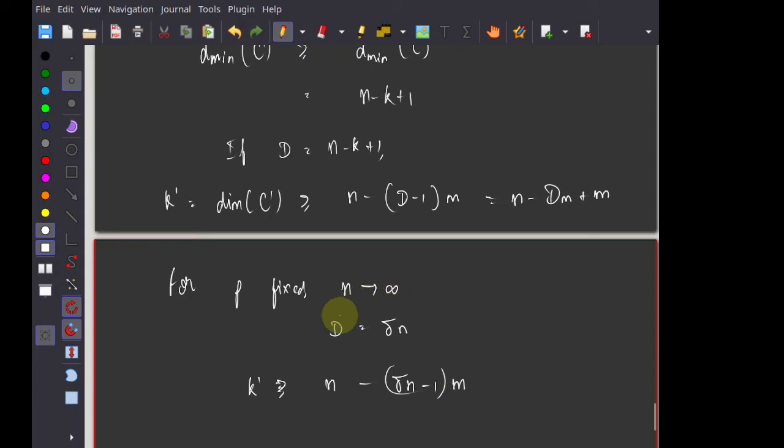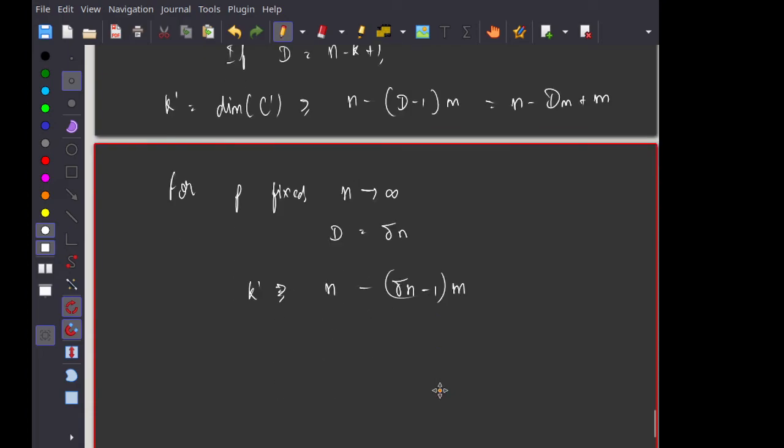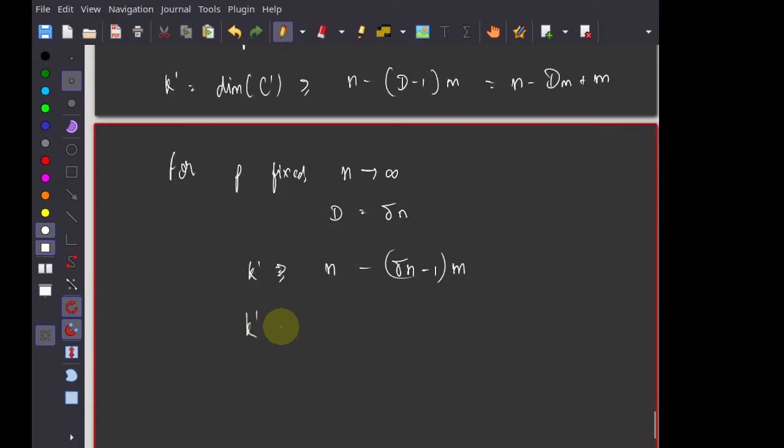But now if I want n to tend to infinity, what should happen to m? M should grow at least logarithmically in n, right? So k prime is greater than or equal to n minus delta n minus 1 times some constant times log n. But now this is linear in n, and this is super linear in n.